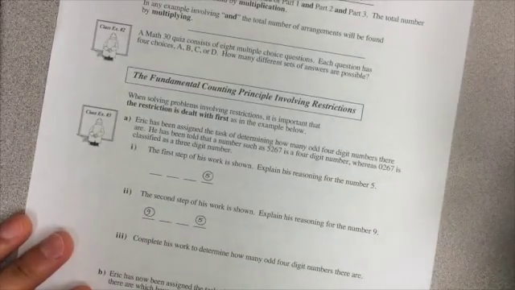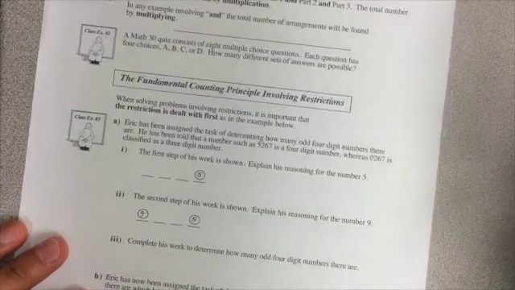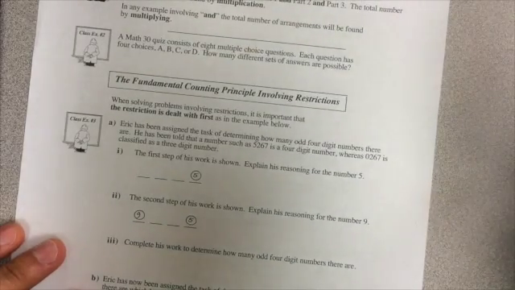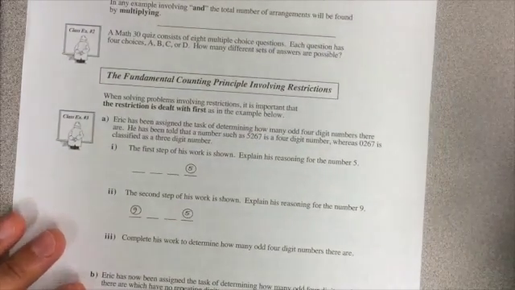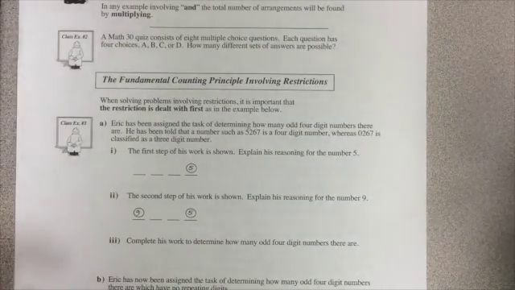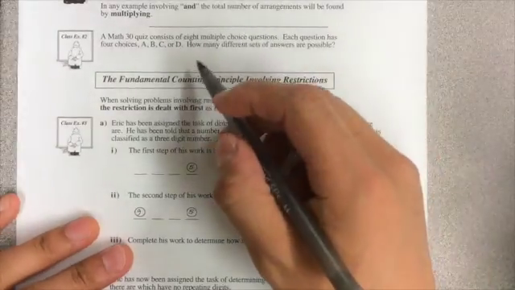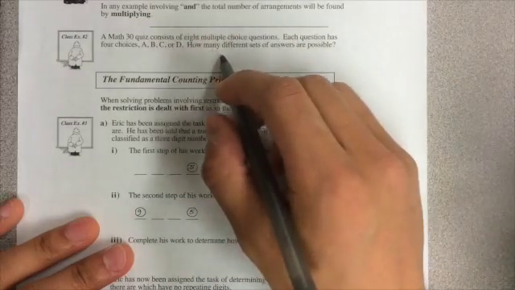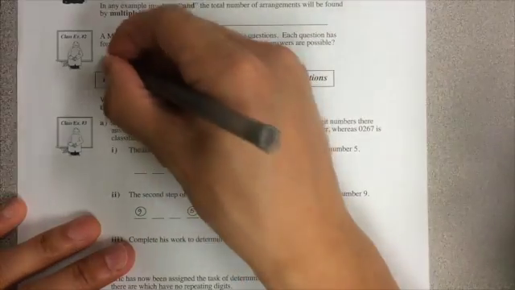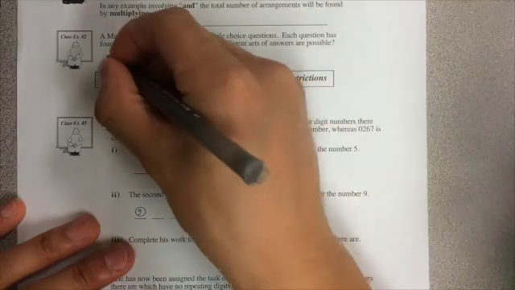All right, let's look at a few other examples. A math quiz consists of 8 multiple choice questions. Each question has 4 choices, A, B, C, or D. How many different sets of answers are possible? Well, if I have 8 multiple choice questions, each question has 4 choices.